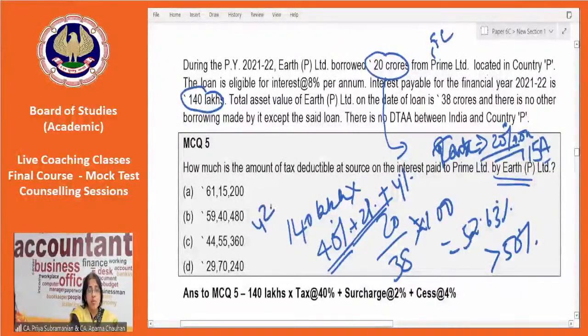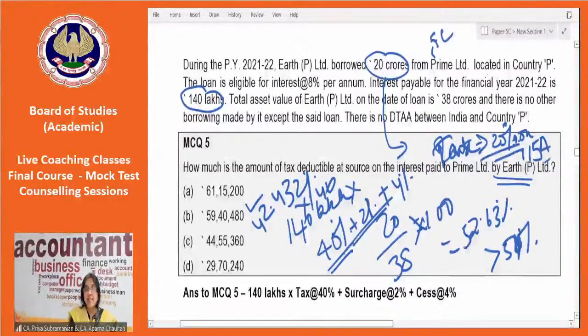Will give you 42.432% of 140. So the correct answer is B. 59.40. But that doesn't affect the answer.